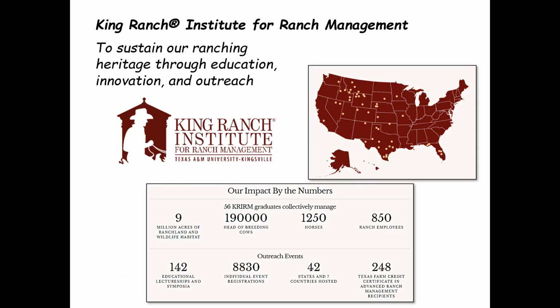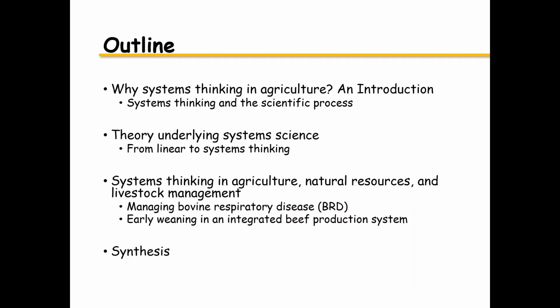And through our partnership with Texas Farm Credit, there's a certificate program for those that want to go through our outreach and education events that may not have time for a full graduate program. And this is a dated number now, it's well over 250 in terms of those certificate recipients. So just a little bit about our institute and who we serve there and where they're at now.